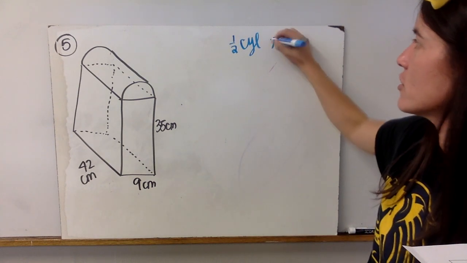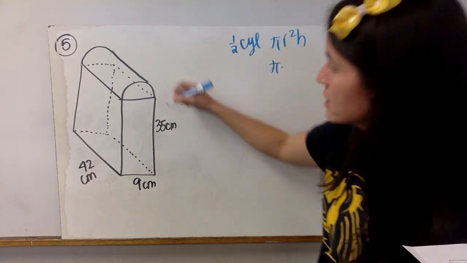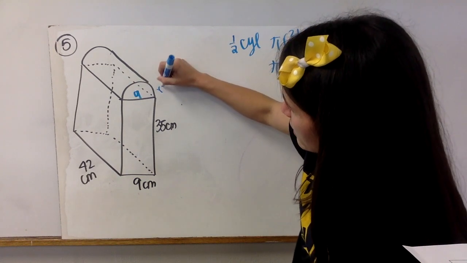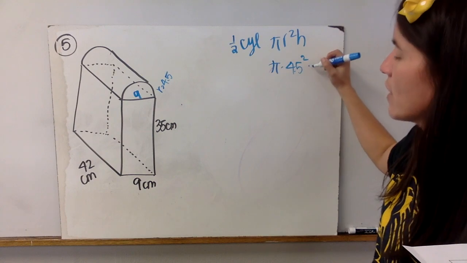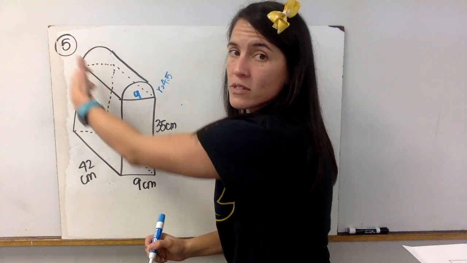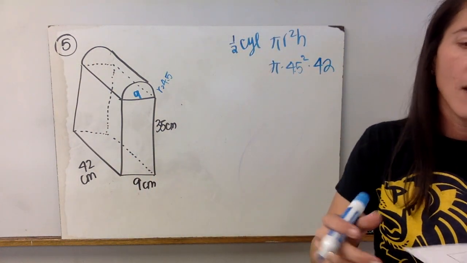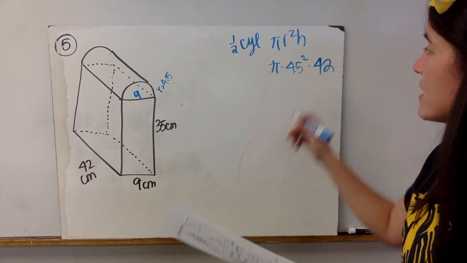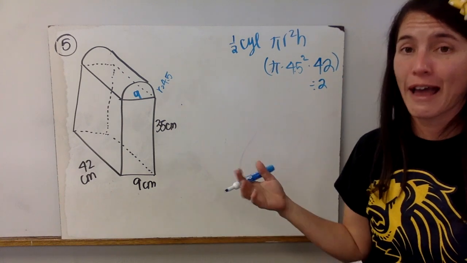So the half cylinder, pi r squared h, and the radius, so we know the diameter is 9, so the radius is 4.5. And then the height of the cylinder is how long the cylinder goes. So the height of the cylinder would be 42. And I'm going to take all this, and I'm just going to divide it by 2 because I only want half of it.